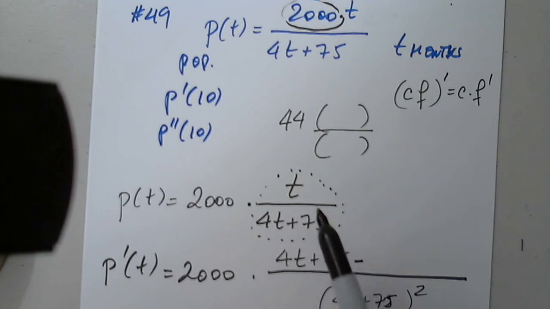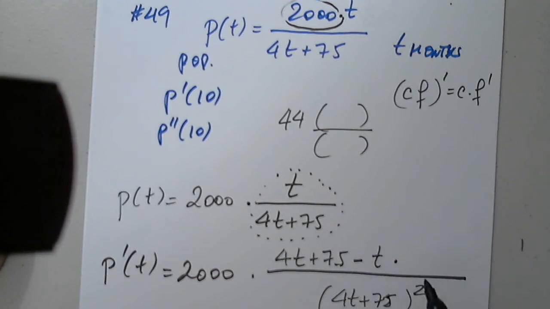And then minus. I have to copy the numerator now, and I differentiate and multiply by this differentiated. What do I get when I differentiate this? Four. Brilliant.